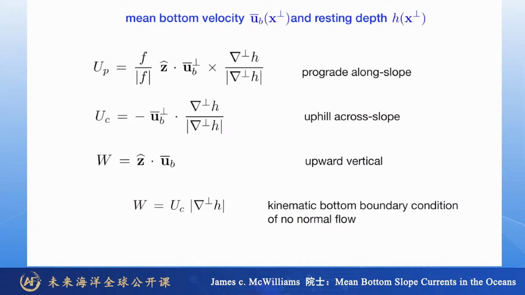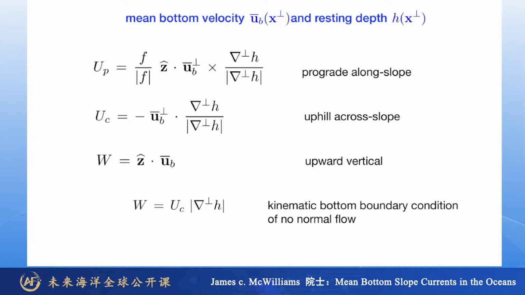The cross slope flow, parallel to the topographic gradient, is defined here as UC, and positive UP is prograde flow, positive UC is uphill flow, and thirdly, the vertical velocity, which is positive upward. Two of these components are closely related through the kinematic bottom boundary condition of no normal flow, and so we can alternatively talk about the cross slope flow or the vertical flow.